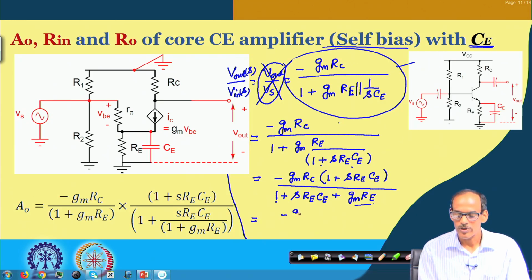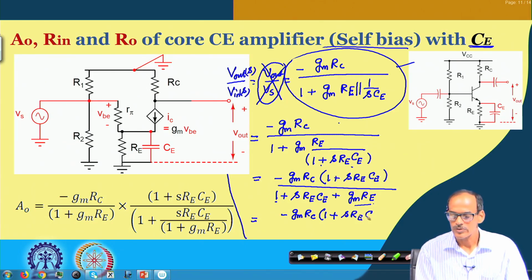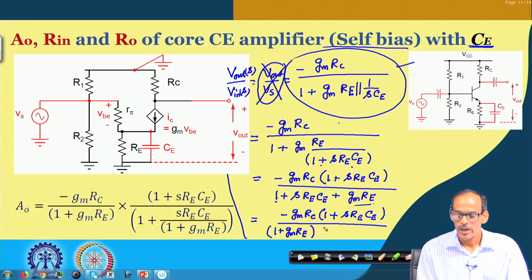Let me write the numerator part: Gm into Rc multiplied by 1 plus S into Re into Ce, divided by 1 plus Gm into Re.